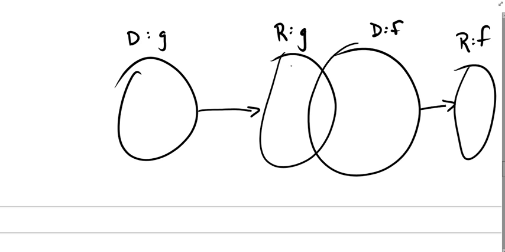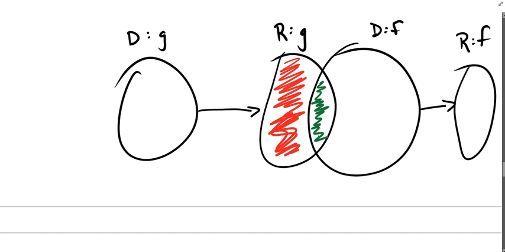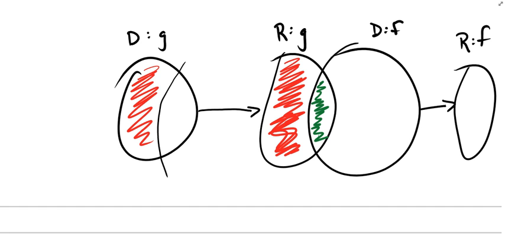We're not going to worry too much about that right now. So I've got this part, which I'll color in red, and this part, which I'll color in green. To visualize this, I'm going to pretend what those parts are back in the domain. The red part in the domain maps to the red part in the range.